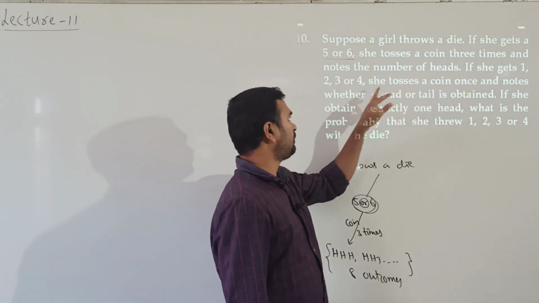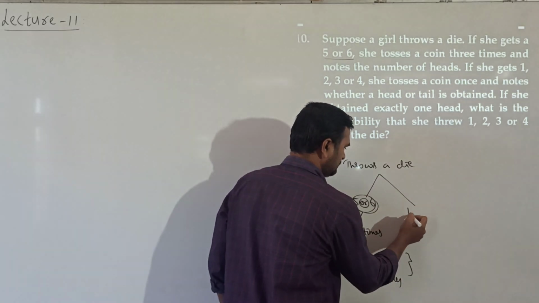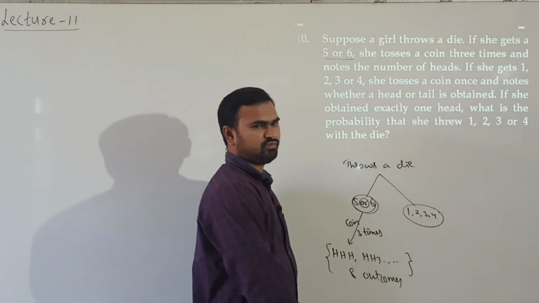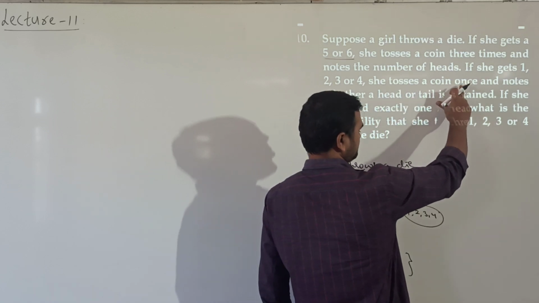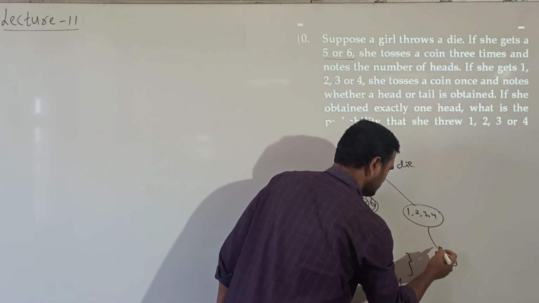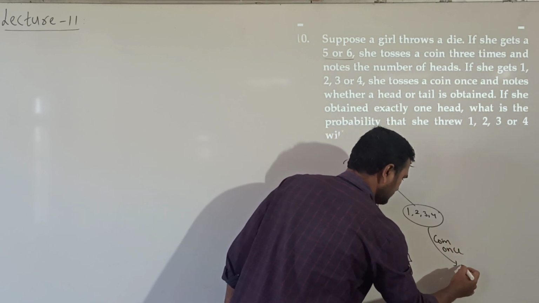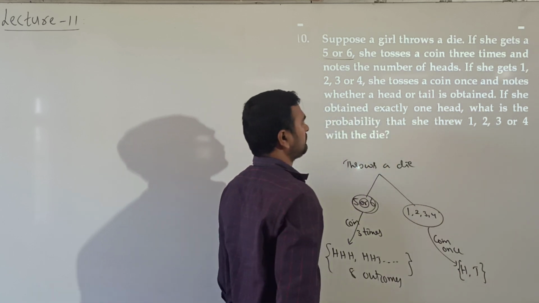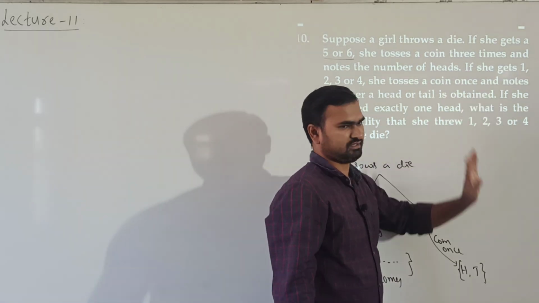If she gets 1, 2, 3 or 4 on the die, then she tosses a coin once. Tossing a coin once means it may be head or tail, and she notes whether head or tail is obtained.